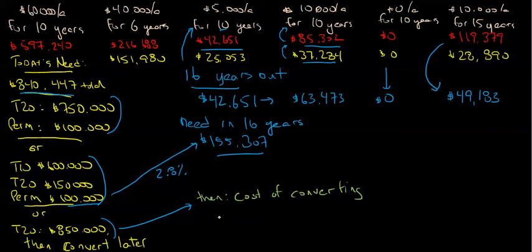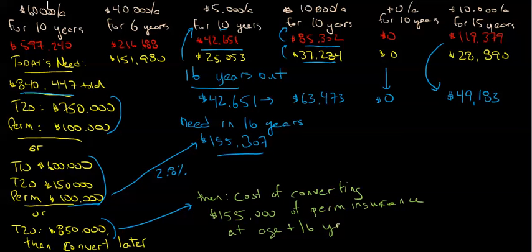They say, what's the cost of converting that roughly $155,000 of permanent insurance? Probably a little bit more than that, but let's go with $155,000 of permanent insurance at your current age plus 16 years. And now you can work that into your financial plan.